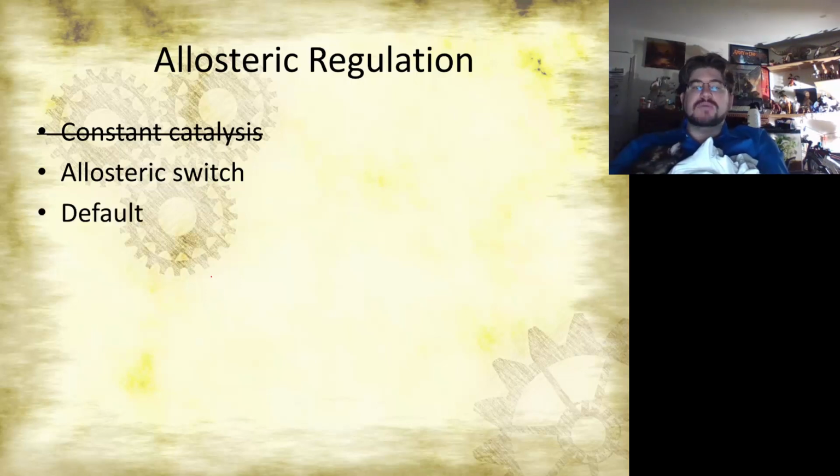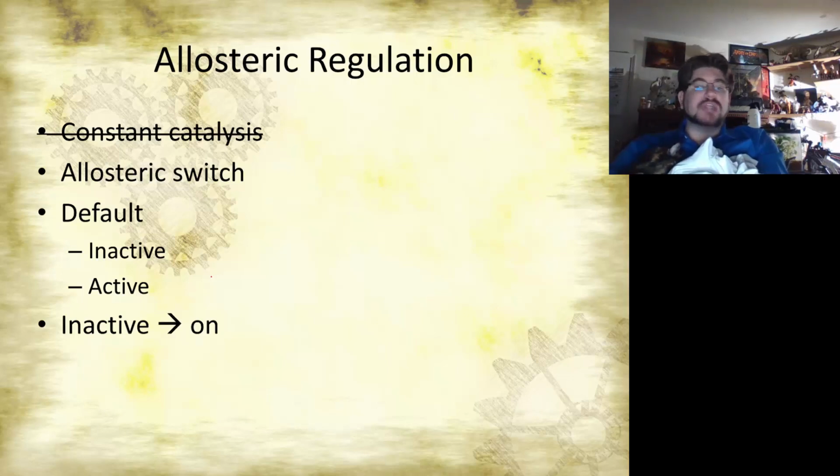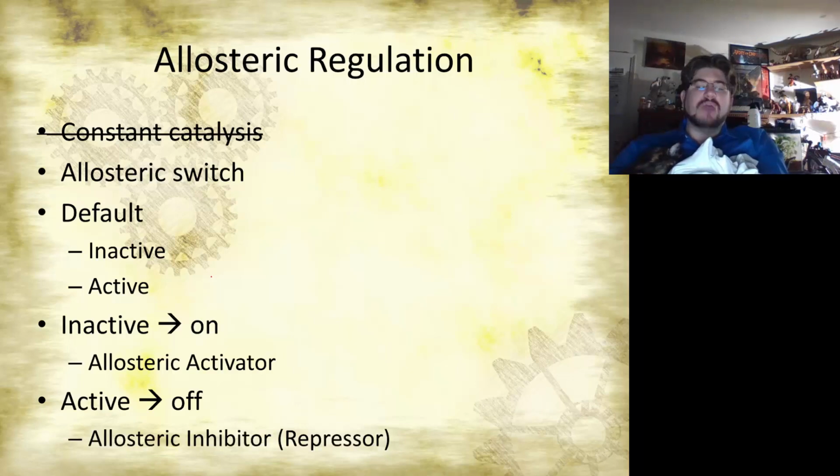Anyway, so basically an enzyme can either default to inactive or active. Enzymes that are allosterically regulated will default to either inactive or active. So an inactive enzyme can be switched on by an allosteric activator.